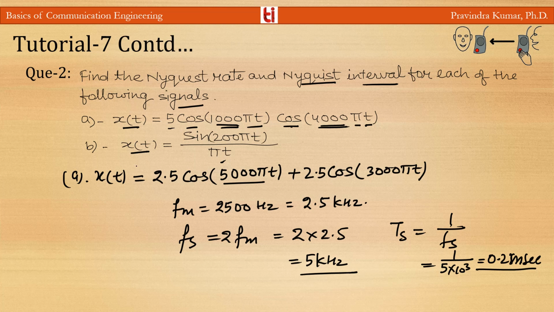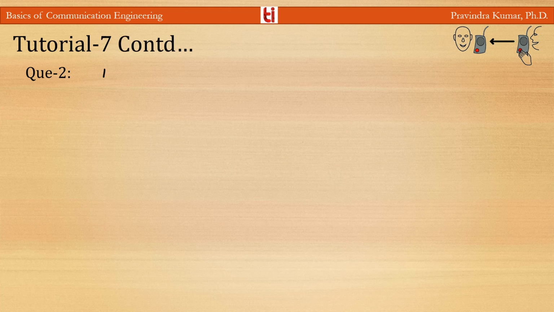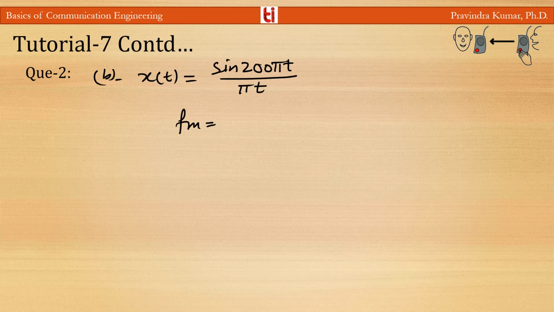And the second part, x(t) is sin 200πt by πt. So in the second part, x(t) is equal to sin 200πt divided by πt. Here the maximum frequency component in x(t) is fm equal to 100 hertz.